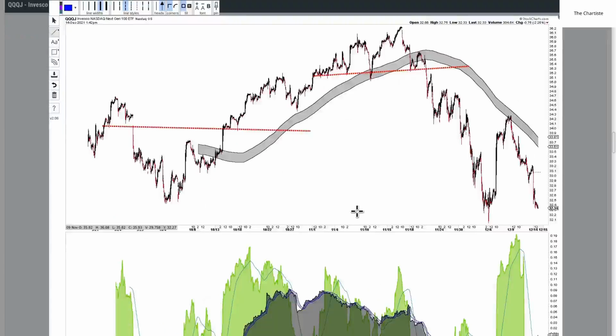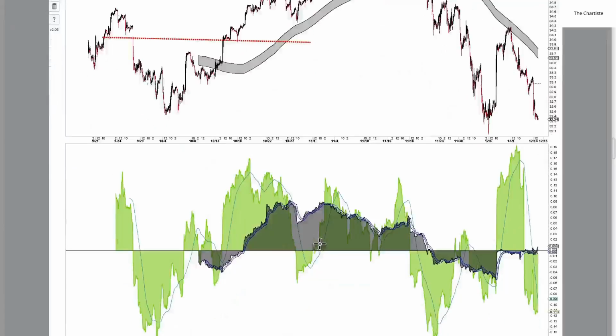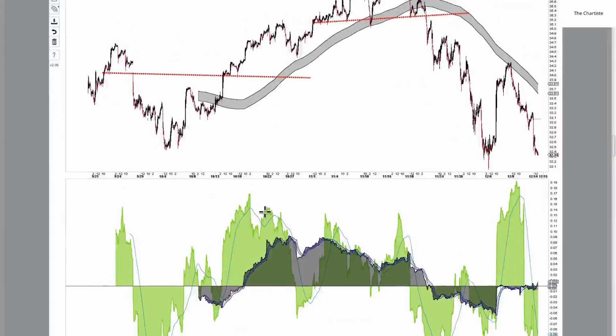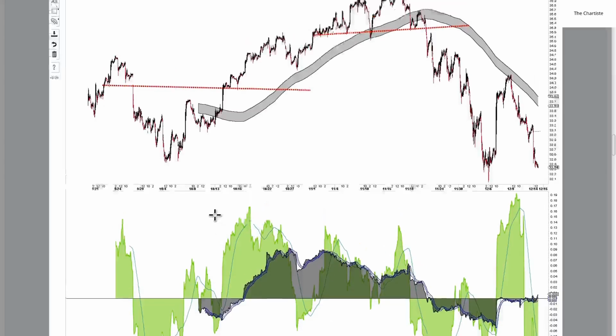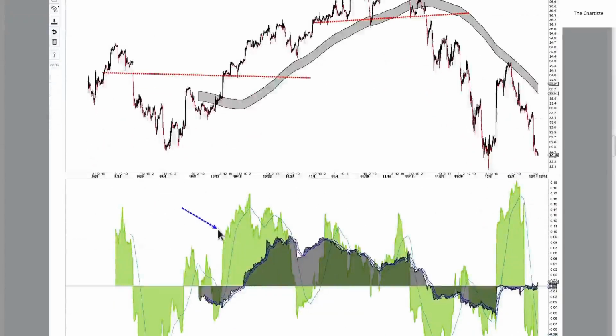And the last, Nasdaq Next Gen 100. You have beautiful loading right here on the 10th. Then you have 1, 2, 3. Then you have 1, 2, 3. And look at this situation.